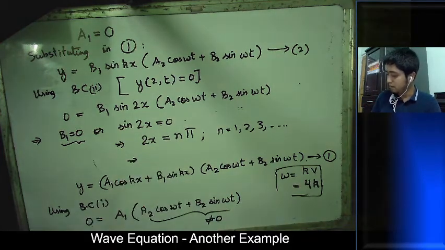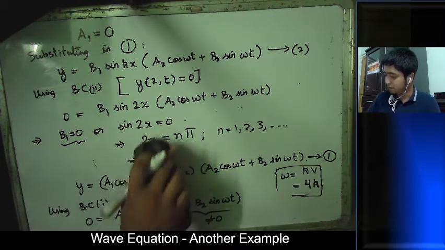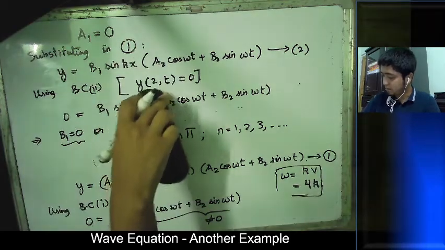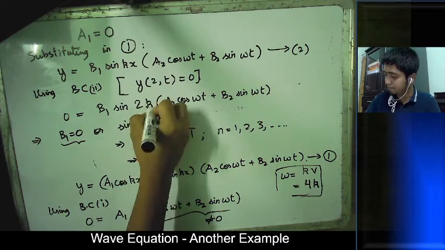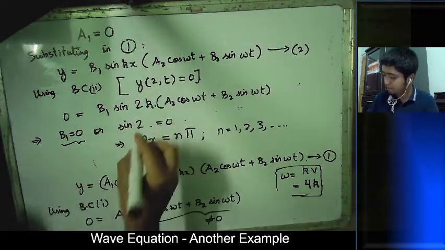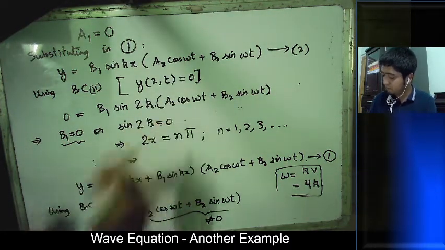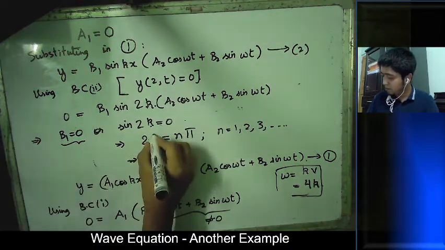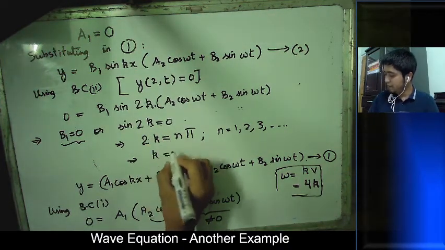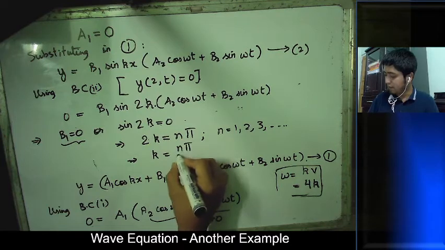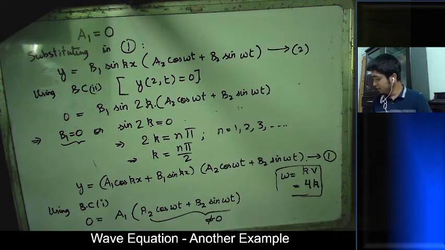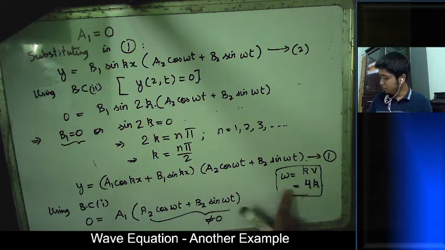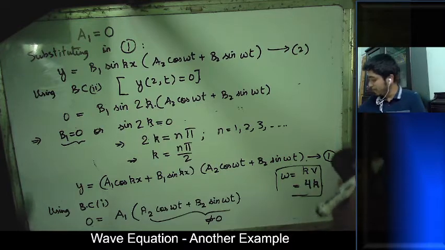So the value of k is actually nπ/2, where n are natural numbers. Over here also we will get that ω, which is 4k, will be 2nπ.